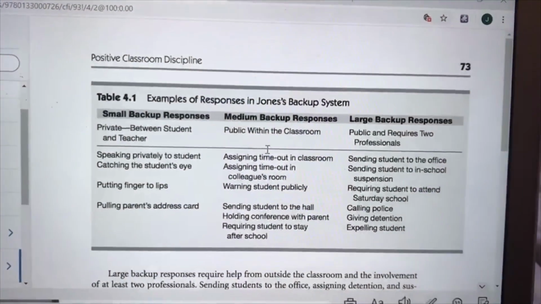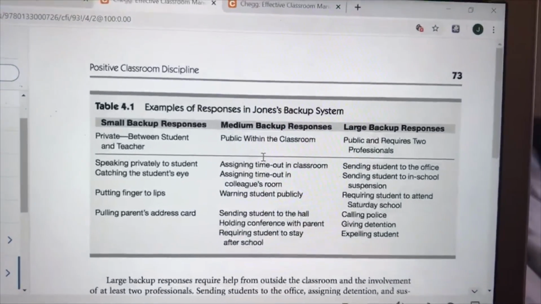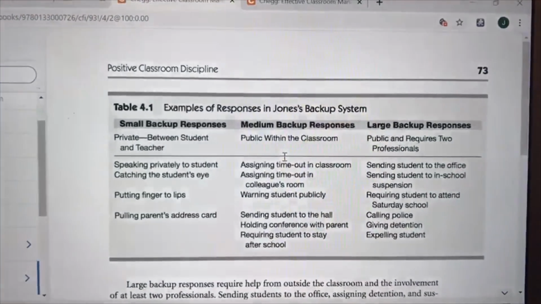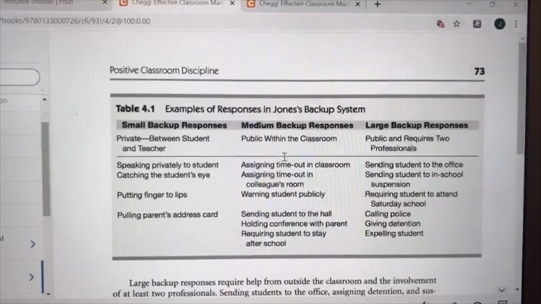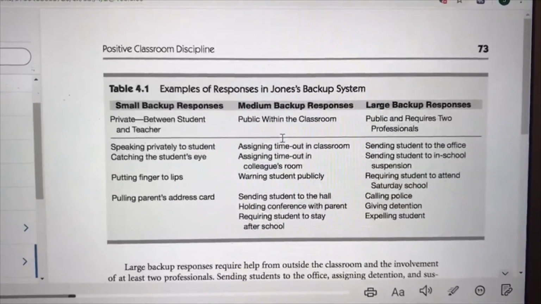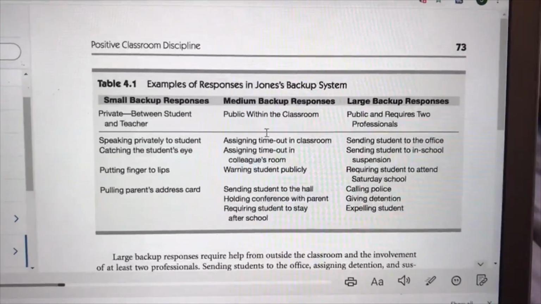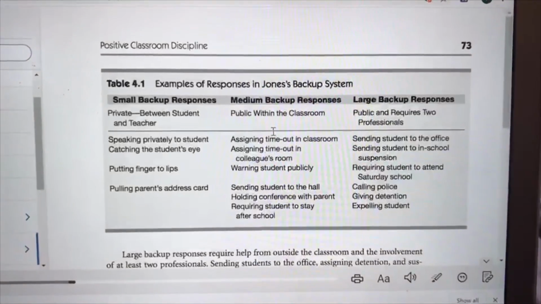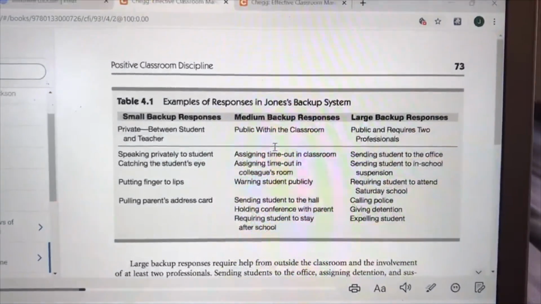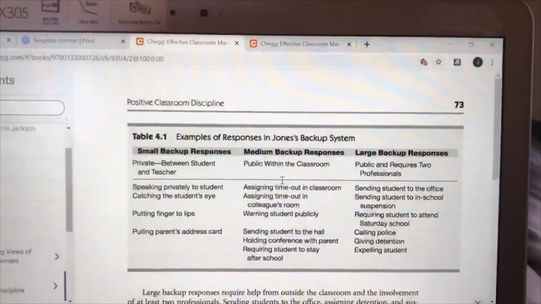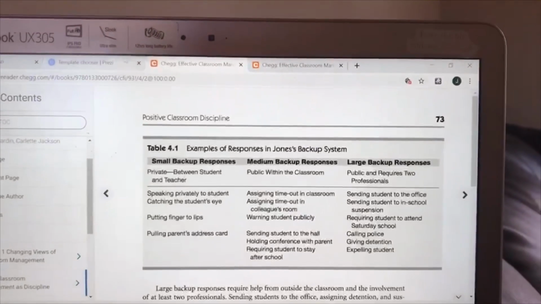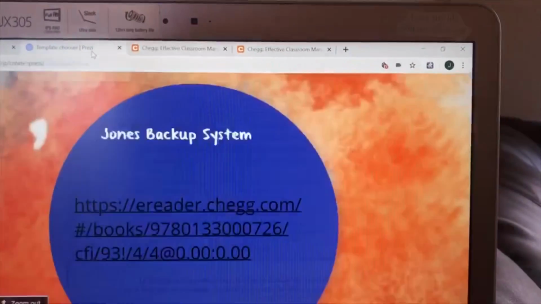It has medium backup responses, and that's public within the class. And then it has large backup responses, and that's public and requires 2 professionals. And you can kind of read what falls under each. And like I said, that's on page 73 in the textbook. So I'll go back over here.